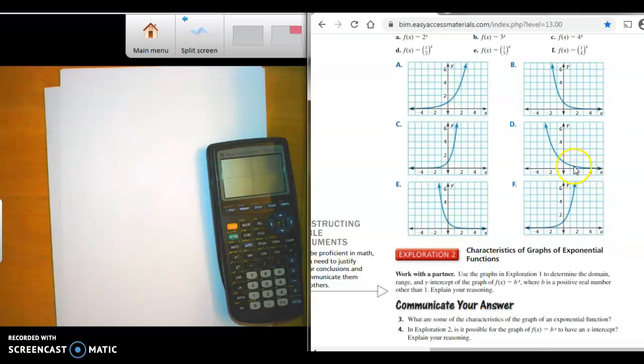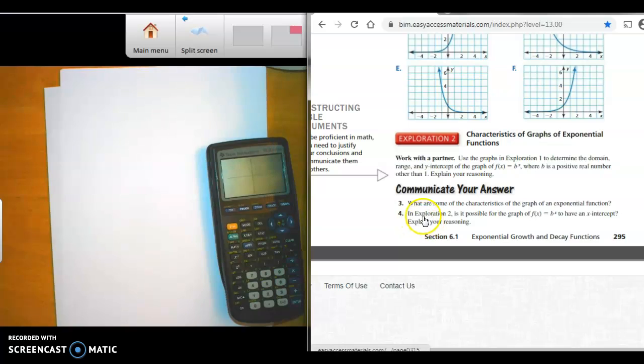So our range is always greater than 0. When x equals 0, f of 0 equals b to the 0 power, which is equal to 1. So when x equals 0, our y equals 1.